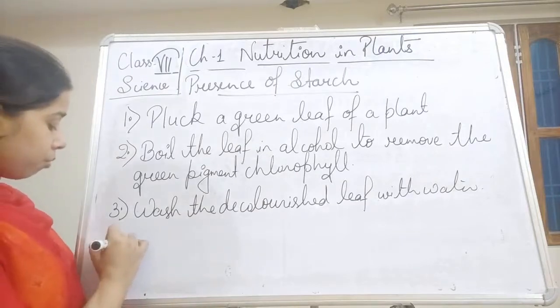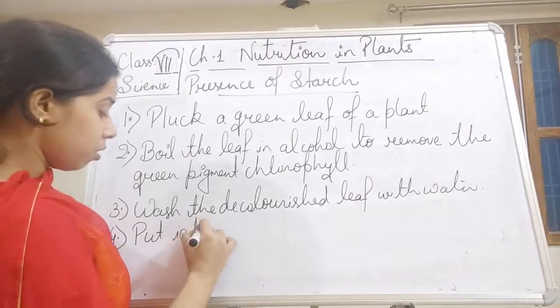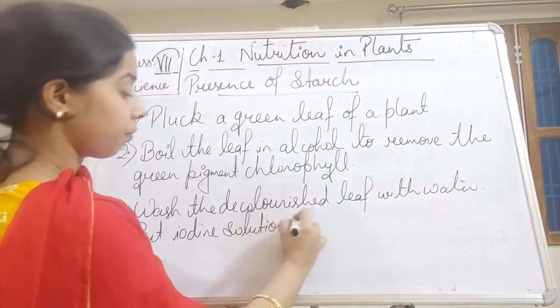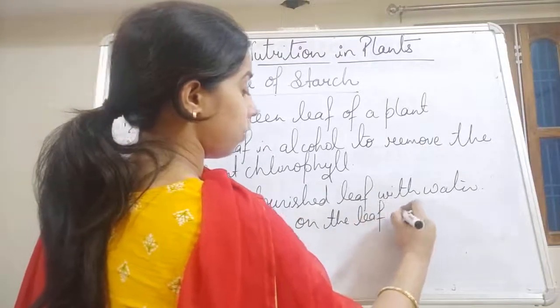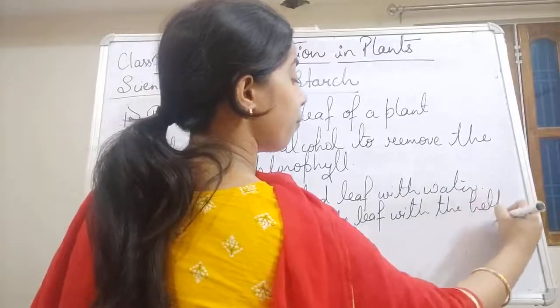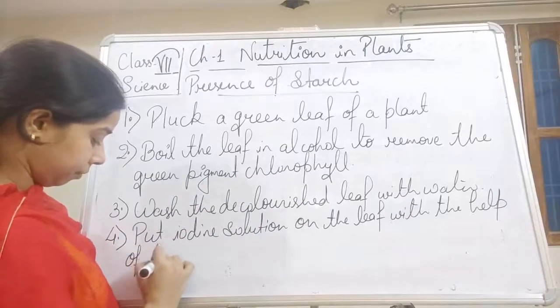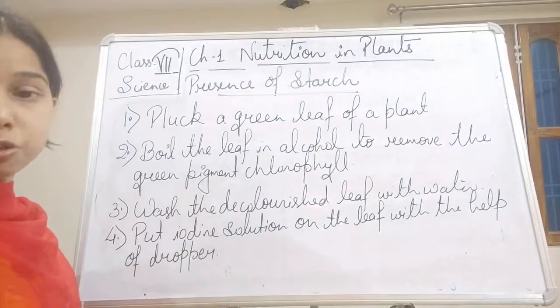Now what we will do, put iodine solution on the leaf with the help of a dropper.